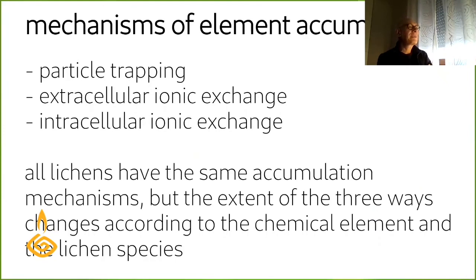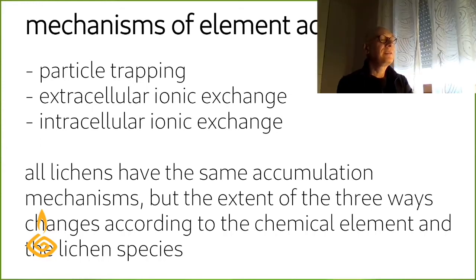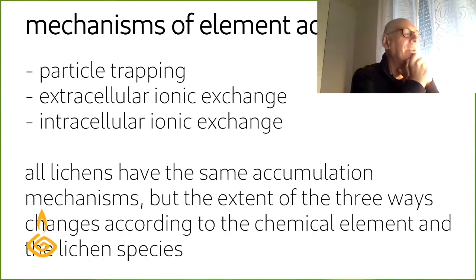So what are the mechanisms through which lichens can accumulate elements? Basically three mechanisms. They can trap the particles which are present in the air. They can do some ionic exchange, with the elements in ionic form, and they trap these ions outside of the cell. So they accumulate at the extracellular sites, mostly on the cell wall, or the ions can enter the cell intracellularly.